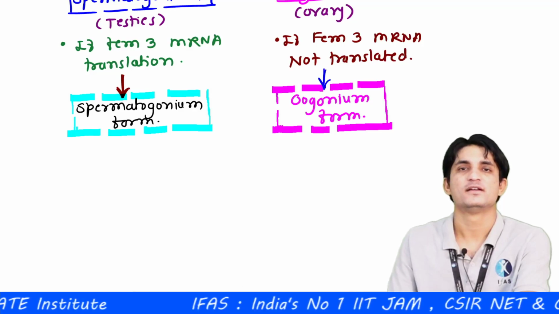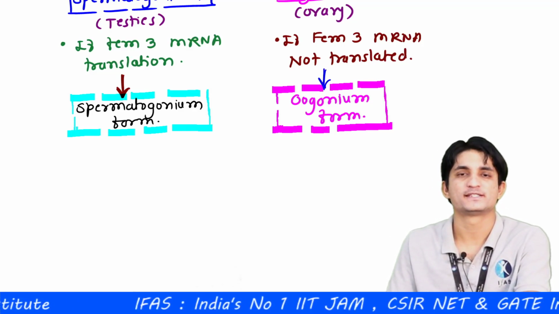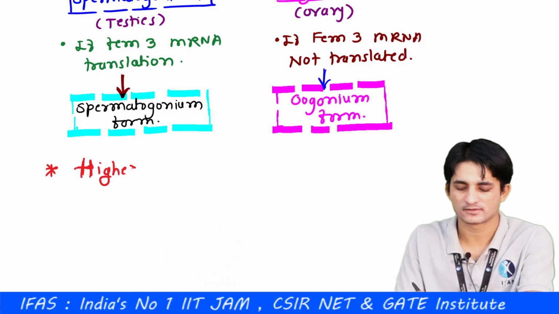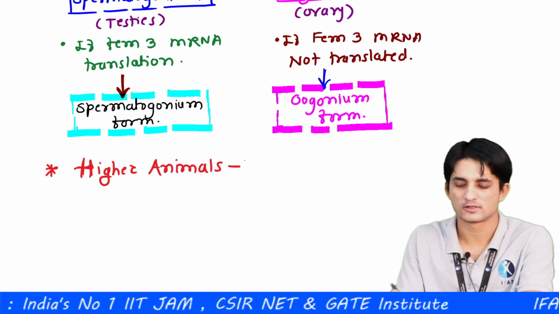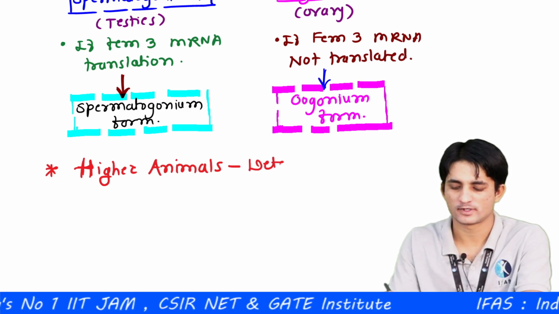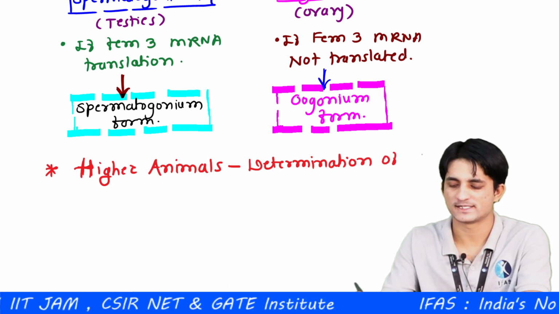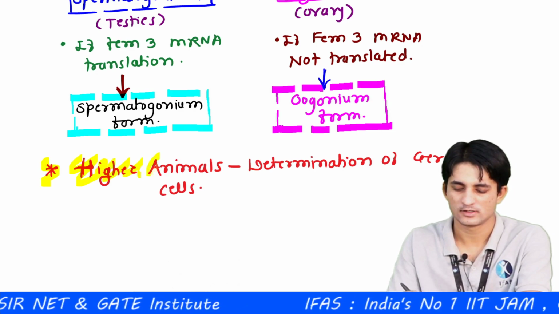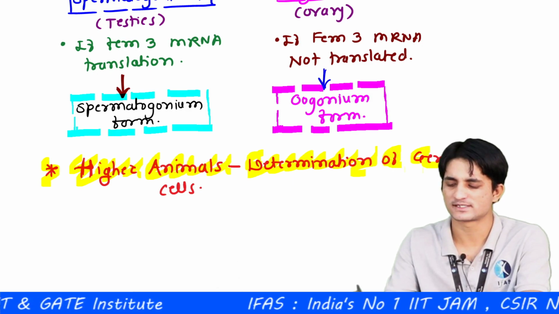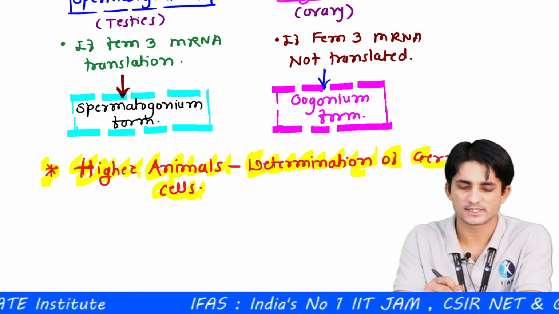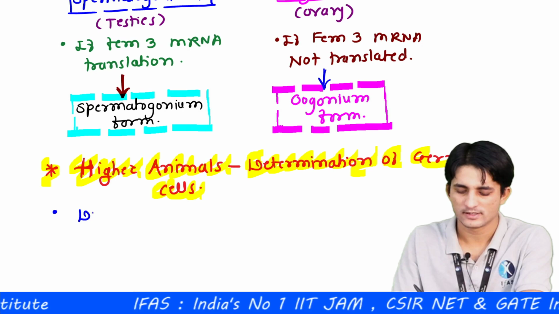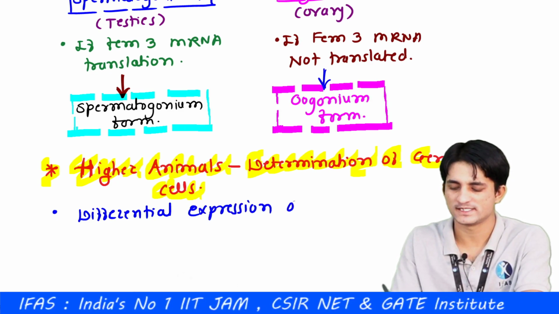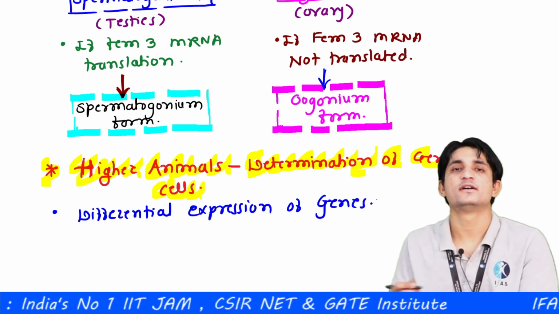Now in case of higher animals, such as humans or mammals, how is the determination of spermatogonium and oogonium regulated? How does germ cell determination take place? In higher animals, germ cell determination is on the basis of differential expression of genes that play a major role in the determination of the germ cells.